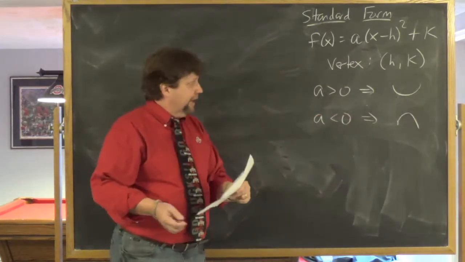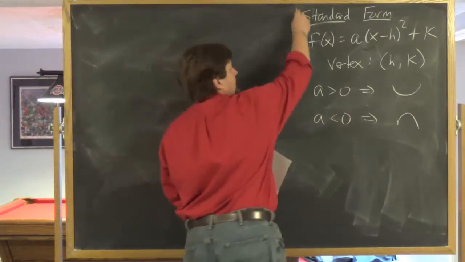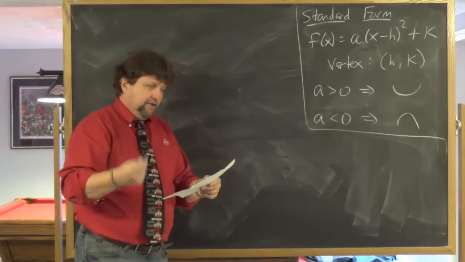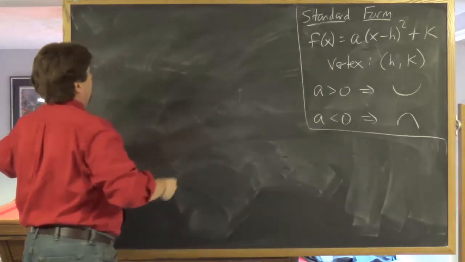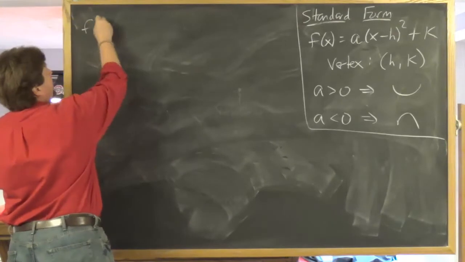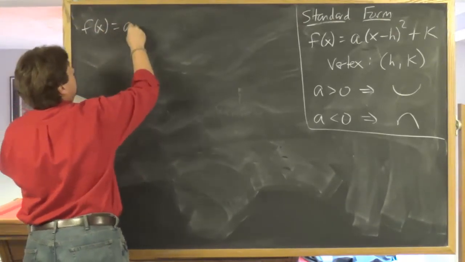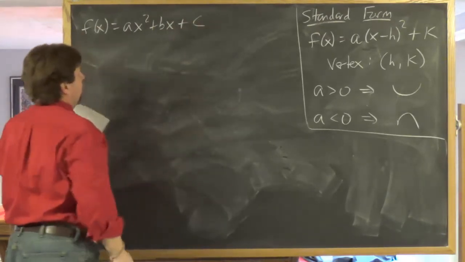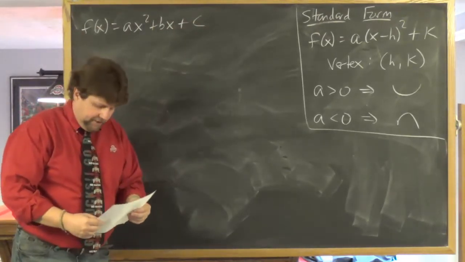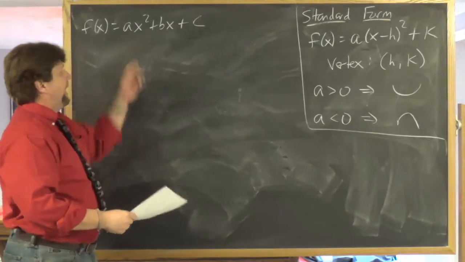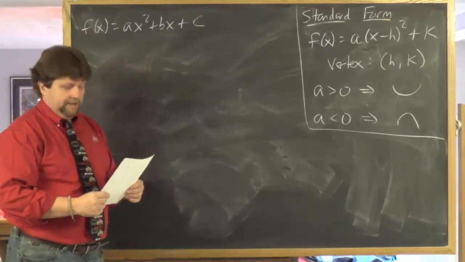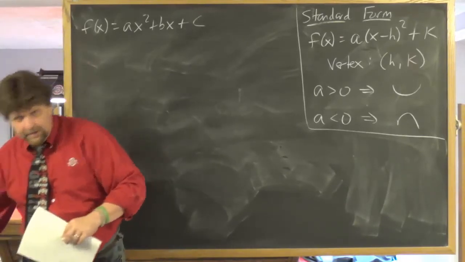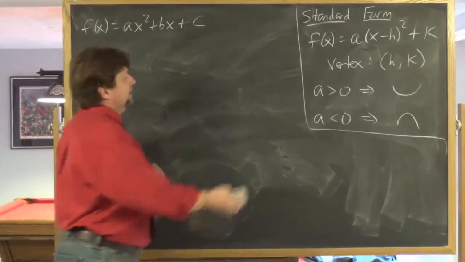What I'd like to do right now is just compare and contrast these two forms. It's if you are given a quadratic function in the form ax squared plus bx plus c versus, and I'm going to have to erase over here because I want to make a comparison.